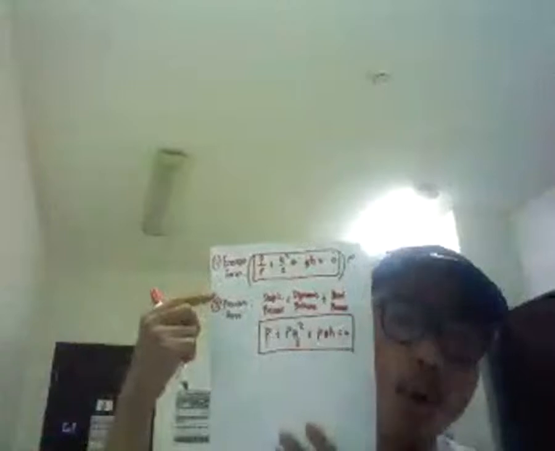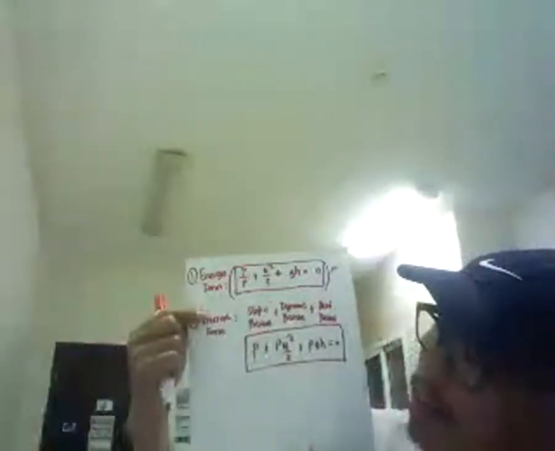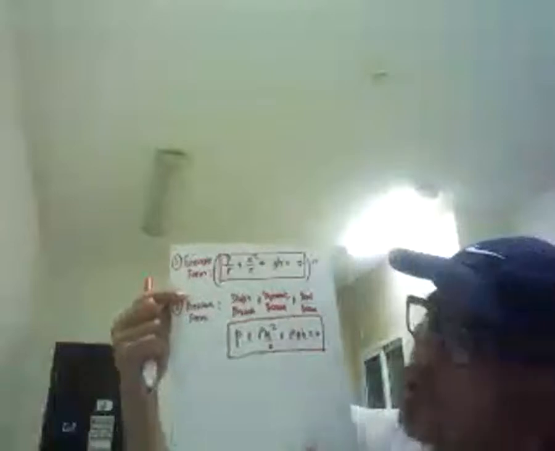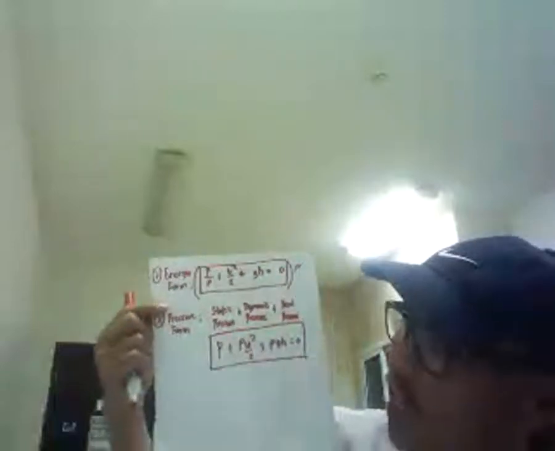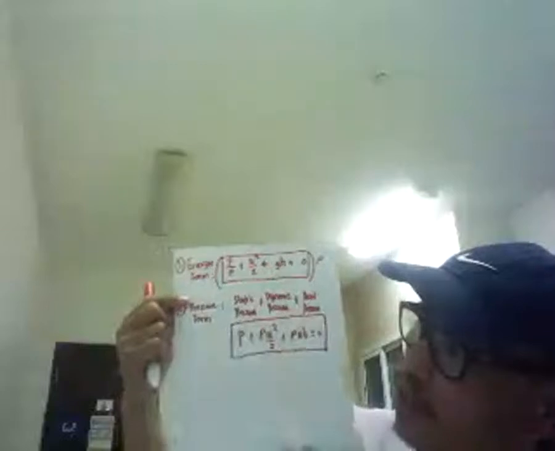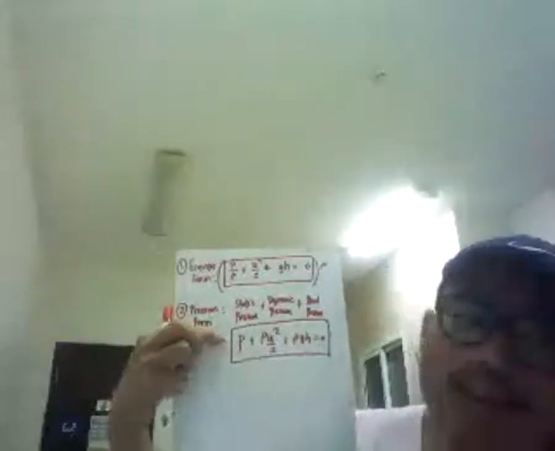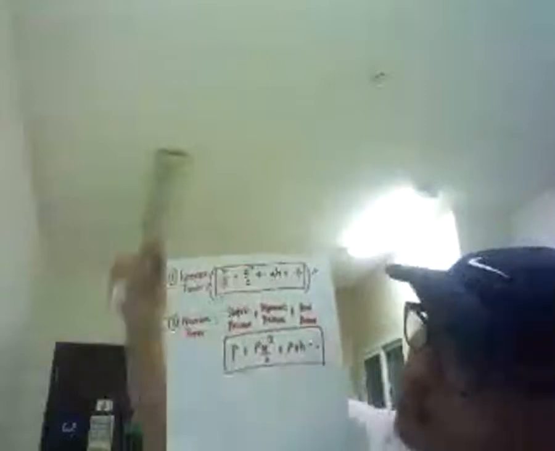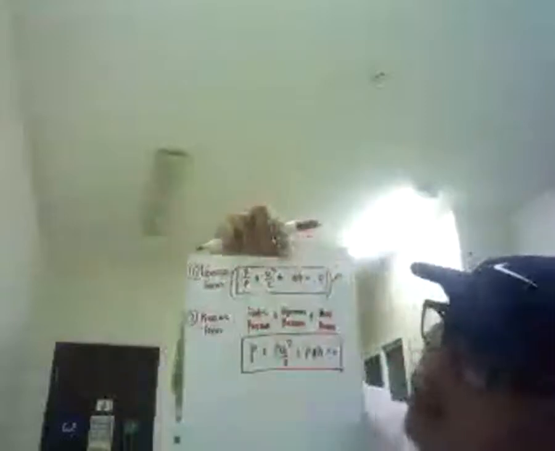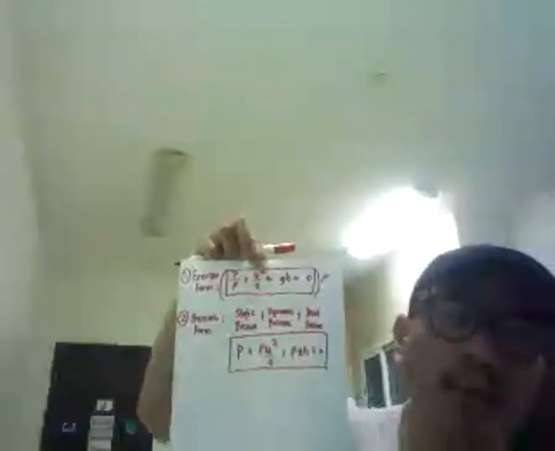So if you multiply the density with the energy form, we can obtain this equation: pressure plus density times velocity squared over 2 plus density times gravity times h. Let's take a look closely. Pressure, this is a static pressure derived from the energy form. The second term, density times u squared over 2, is the dynamic pressure.